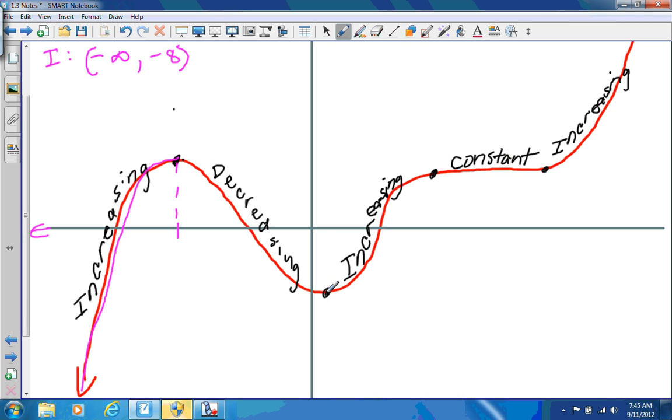It is also increasing from this coordinate, say 1, all the way over to here, which is approximately 8. So from 1 to 8 it is increasing. And then again from this coordinate, which is about 15, to infinity.